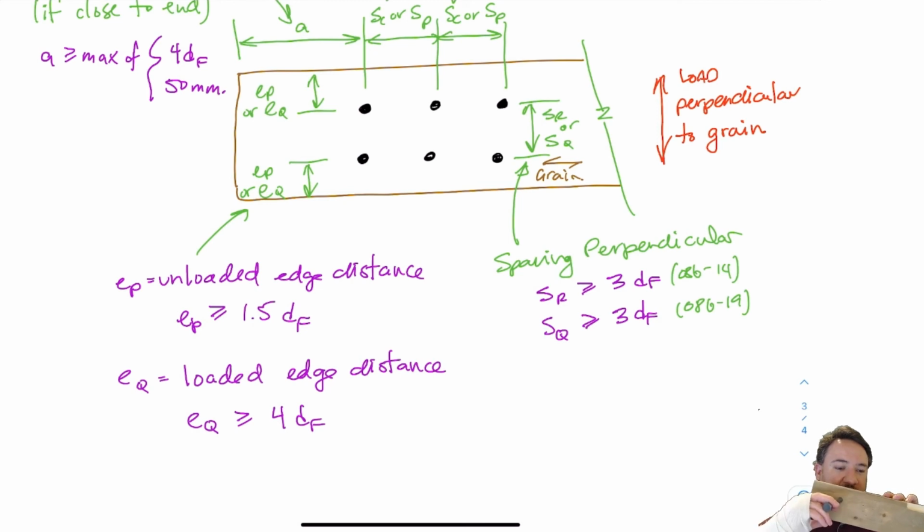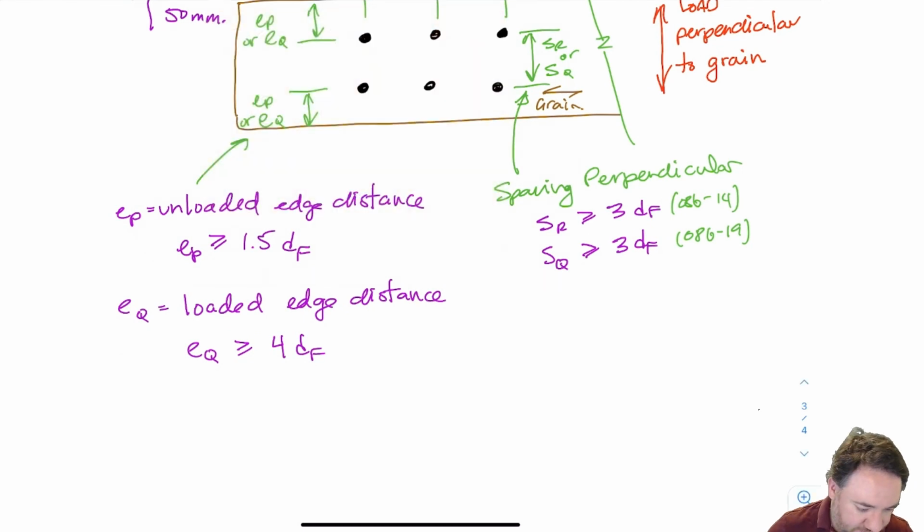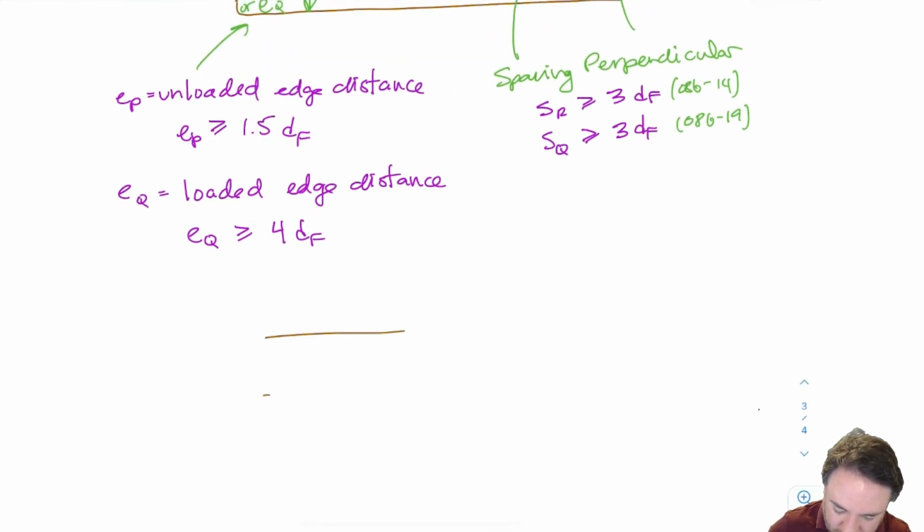That is the edge that the bolt will want to move towards in the connection. Then the unloaded edge distance will be this top distance here. And it's more important that I'm far away from the loaded edge than it is that I'm far away from the unloaded edge.